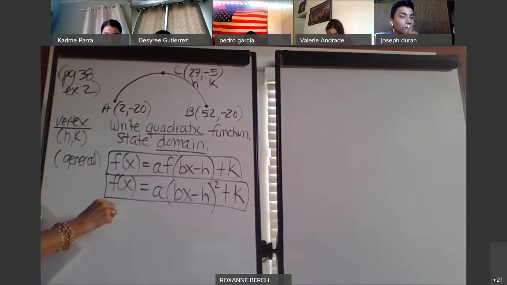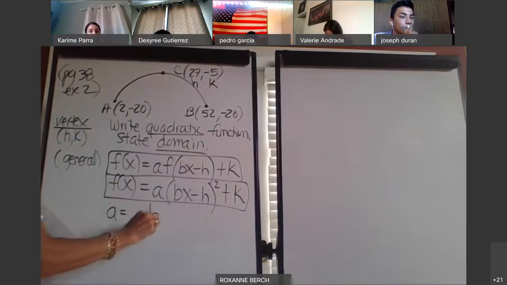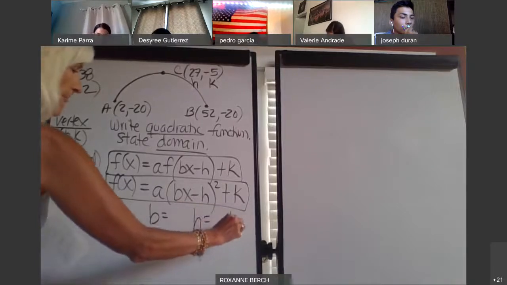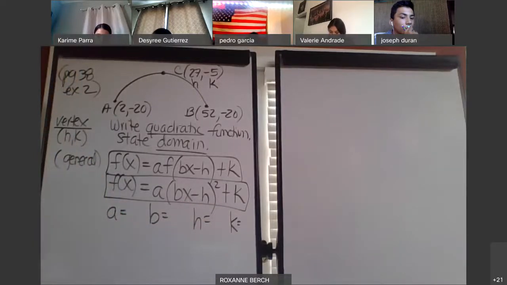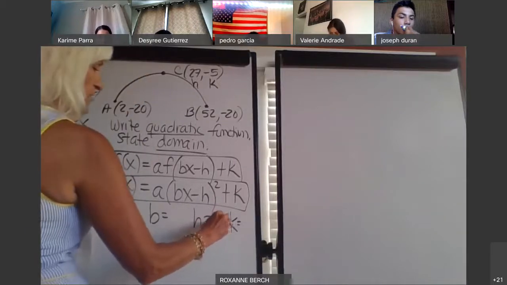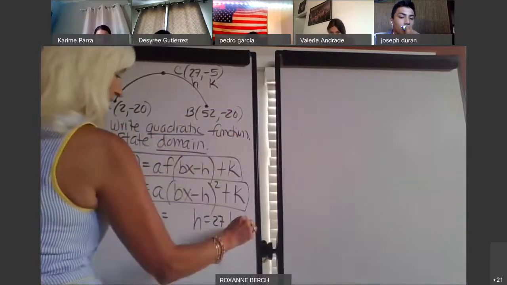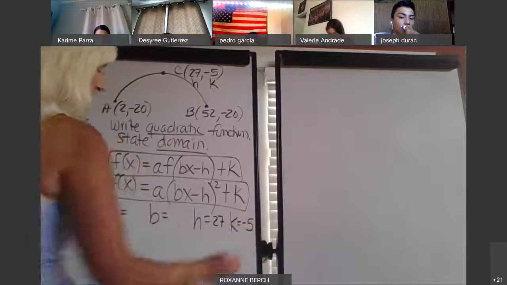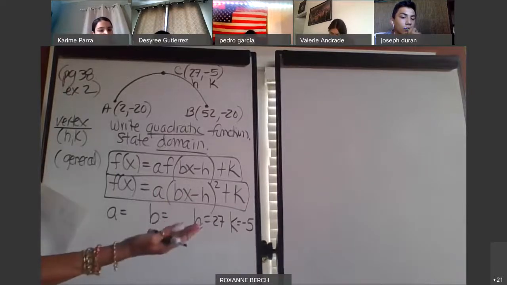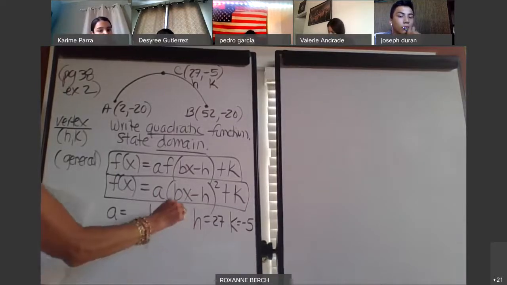And now we're just going to find A, B, H, and K. Well, we already know H and K. It's the vertex. So we already know that H is 27 and K is -5. And if you look at this problem, there is no B. So that means B is 1.